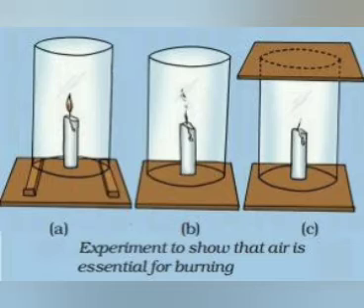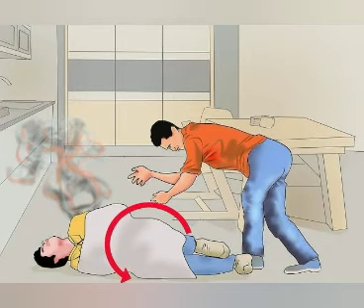So there is no flow of air, and slowly the candle will put itself out. The same thing in option C, when the upper part is closed with a board, it will very soon go off again. It's all because there is no supply of oxygen, which is a supporter of burning.